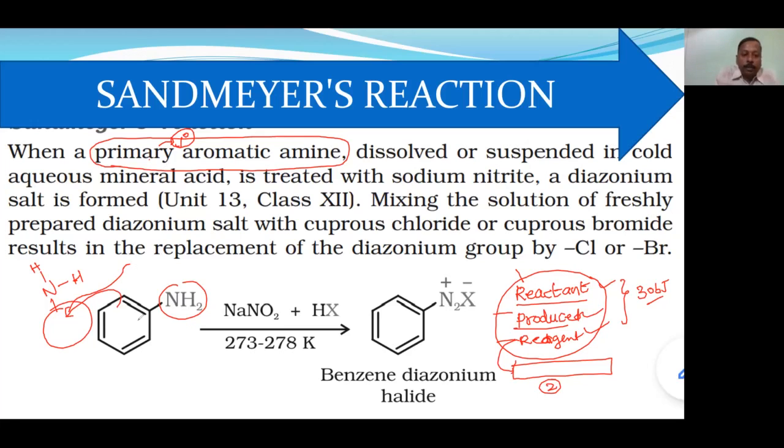So when a primary aromatic amine is dissolved or suspended in a cold aqueous mineral acid, and is treated with sodium nitrite, be very careful: ITE means NO2, whereas ATE would be NO3. So it is NaNO2.